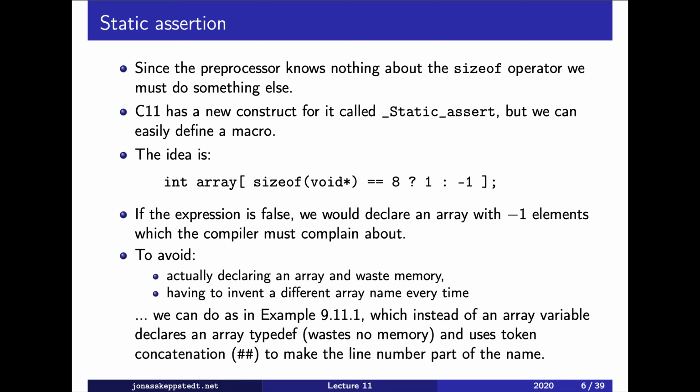The idea is to get a compiler error if our assumption fails. A simple way to do that is to declare an array which has one element if our assumption is true and minus one element if it's false. And we are not allowed to declare an array with 0 or a negative number of elements. So therefore the compiler is required to complain.